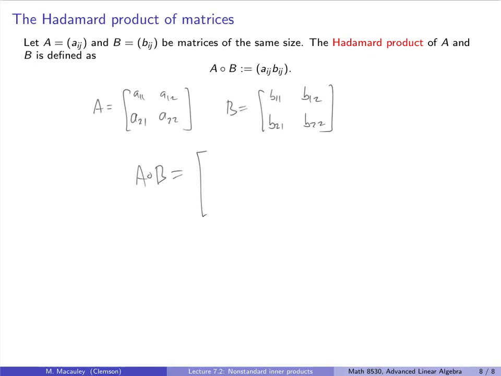Well, I guess it's not a dot product because what you end up with is not a scalar. So it's A11 B11, A12 B12, A21 B21, A22 B22.